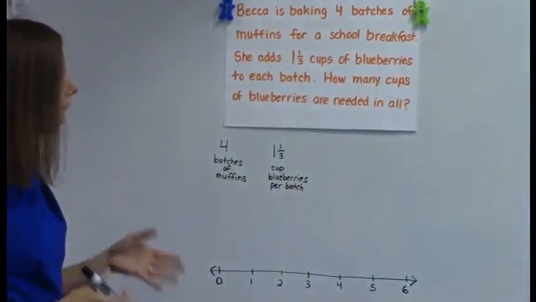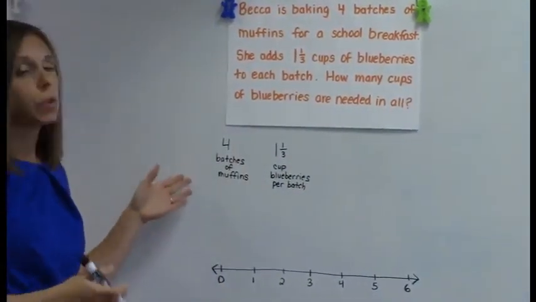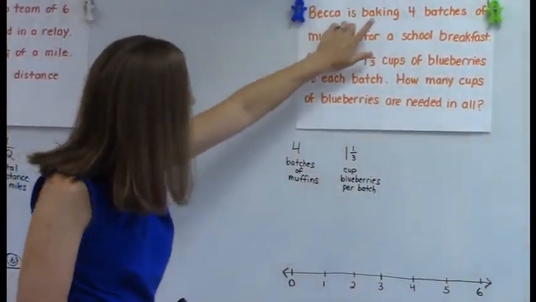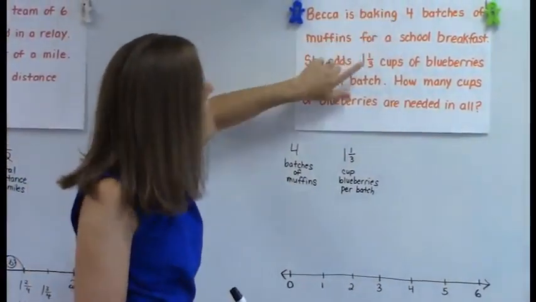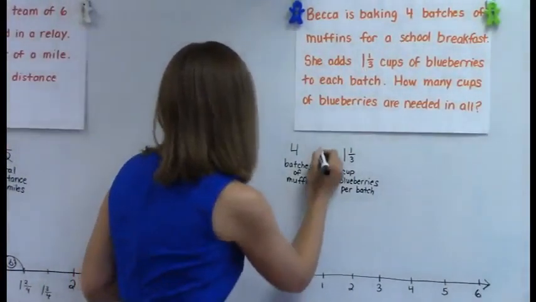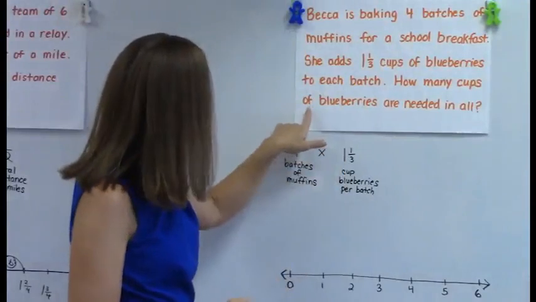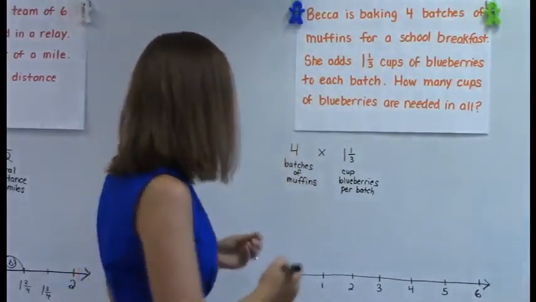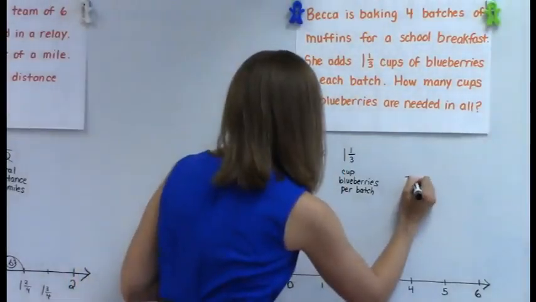And just like in our last problem, I know that this is going to be able to be solved using multiplication, as she's making multiple batches with the same ingredients in each batch. And we're looking for how many cups of blueberries are needed in all, or total.